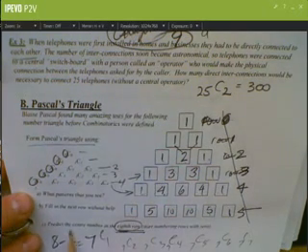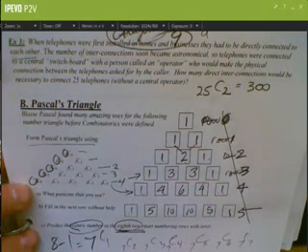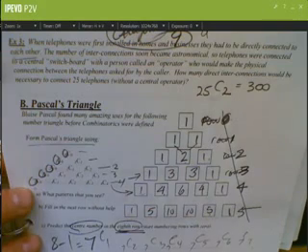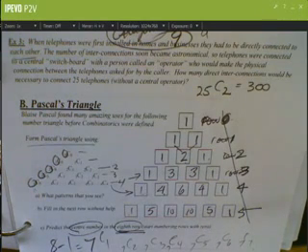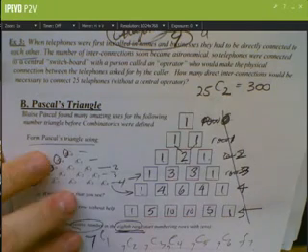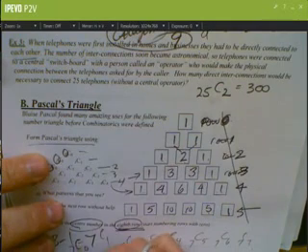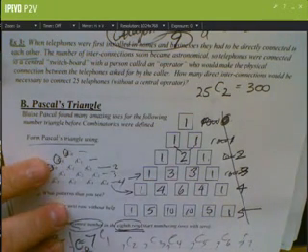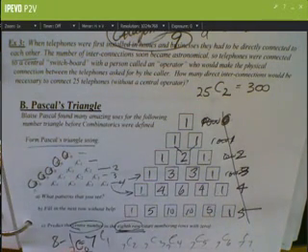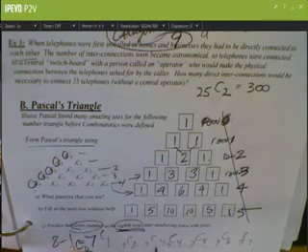Now it says center number. Now I wouldn't have had to write these all out, because what's the center number in 7 things?